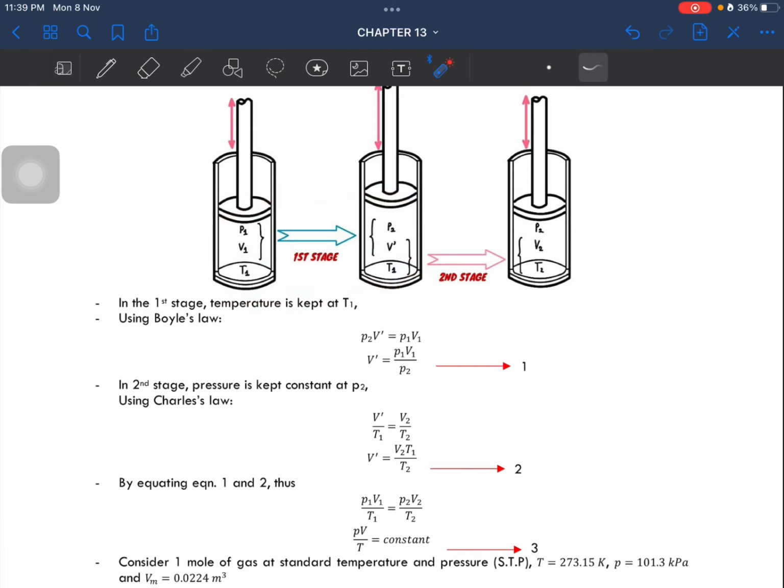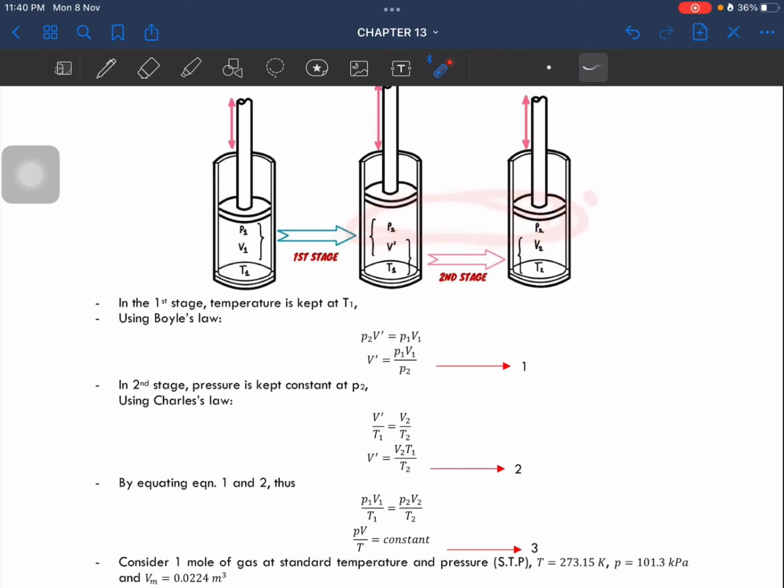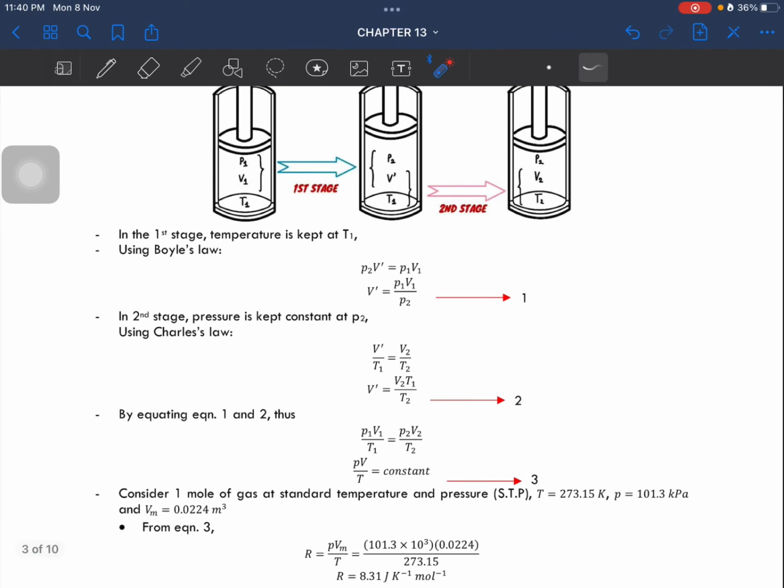And then as it goes through the second stage, the pressure is the one that is kept constant. So it is undergoing two different stages, obeying the gas laws. The first stage is the first law, which is Boyle's law.